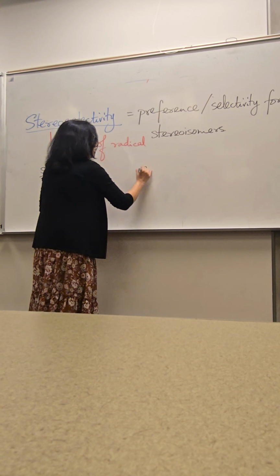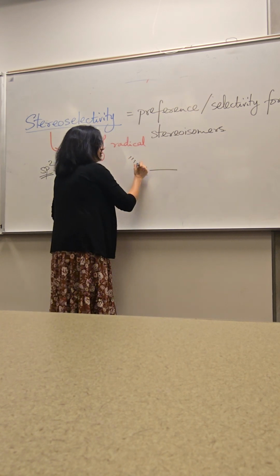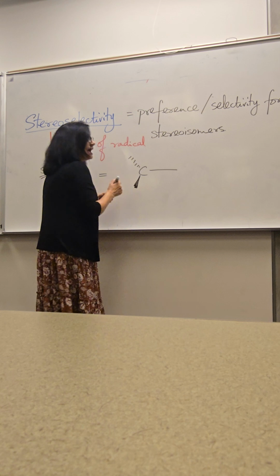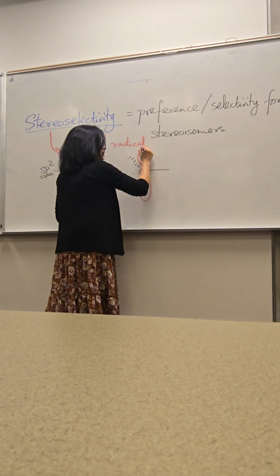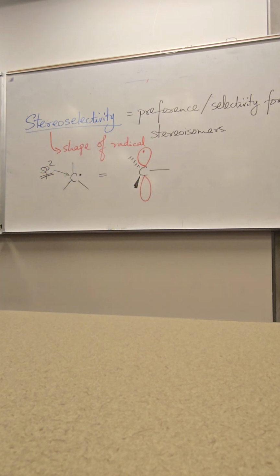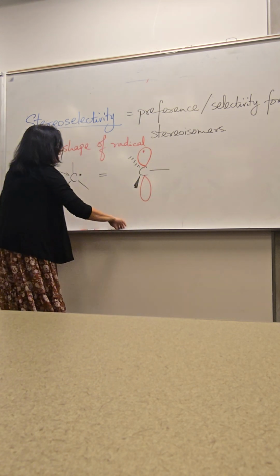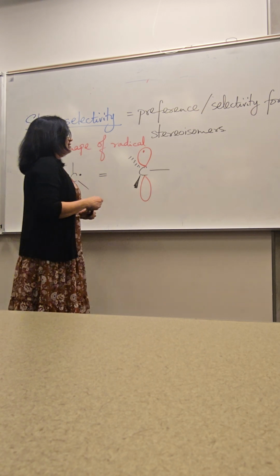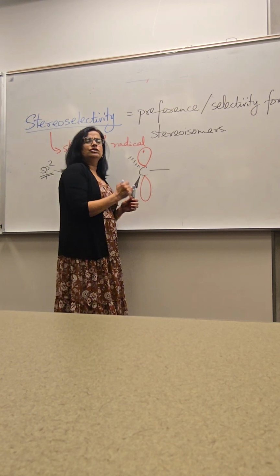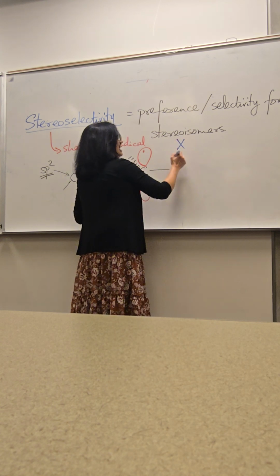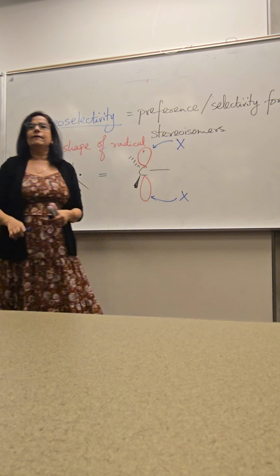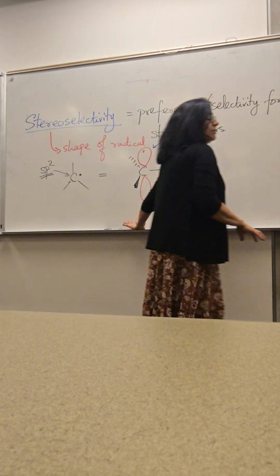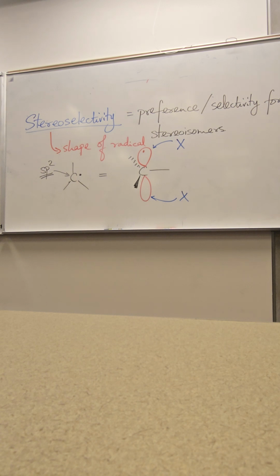Now please remember the hybrid orbitals make sigma bonds, but what else does this have? A p orbital, which is where the electron lives. Isn't that right? Yep. So now the next step is coming in. Which side do you think the halogen would prefer to go to? Would the halogen prefer to go to this lobe, or to this lobe? What do you think? Go with your gut. The electron is just a representation.